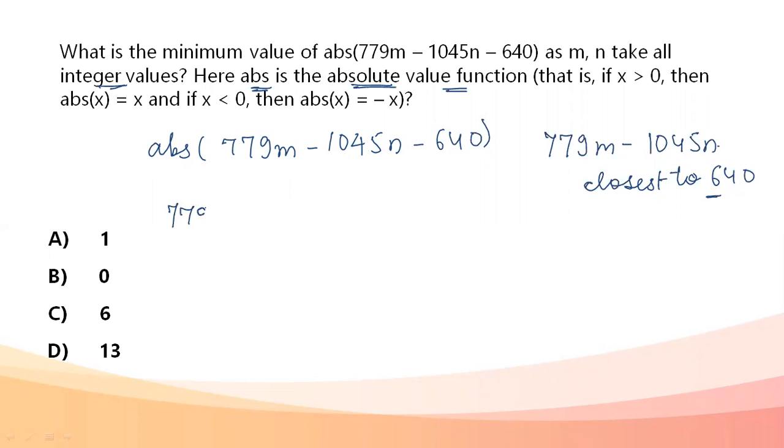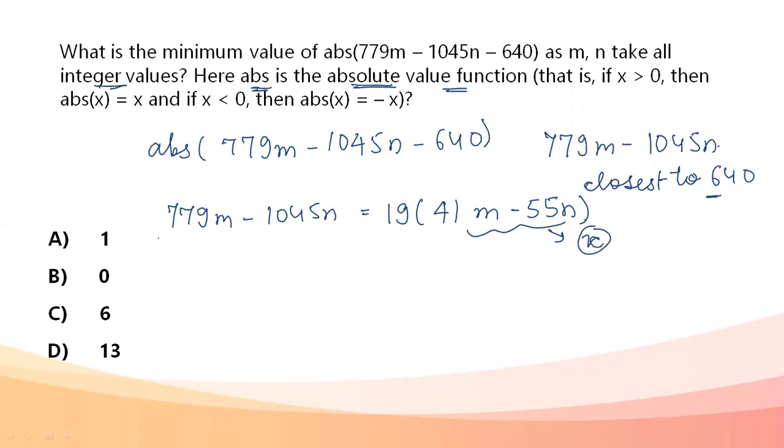So 779m minus 1045n, I'm going to rewrite as 19 into 41m minus 55n. Now let this whole function 41m minus 55n be equal to x. So this whole 779m minus 1045n reduces to 19x.